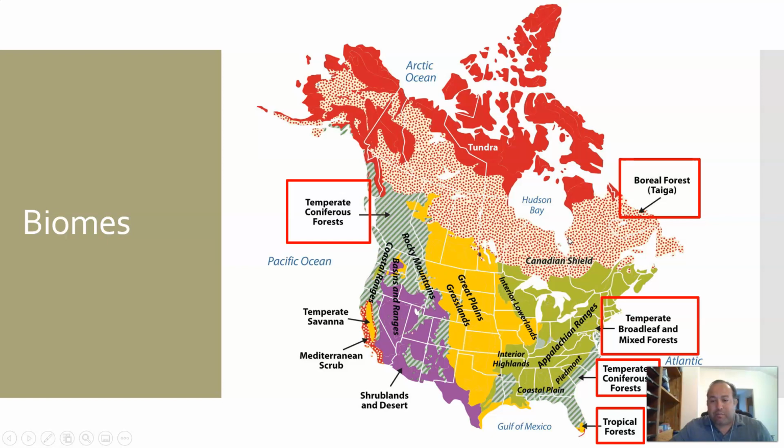And then for our U.S. forests, our eastern forests fall into the temperate forest category, as well as our southern forests and our western forests. You're going to see much more broadleaf trees in the east, conifer trees in the south, and conifer trees in the west. There's other biomes mixed in there, but those are the ones that we're focusing on for our lecture.